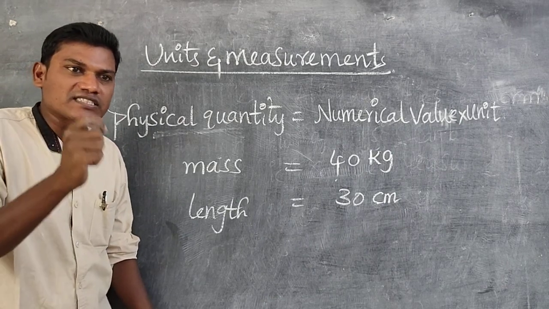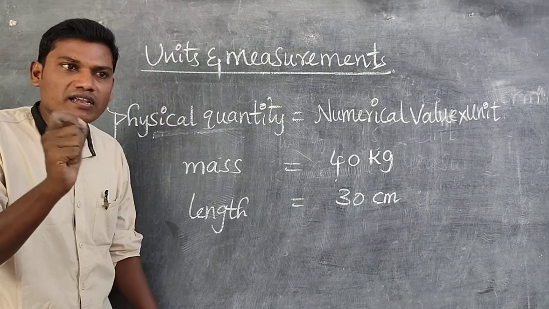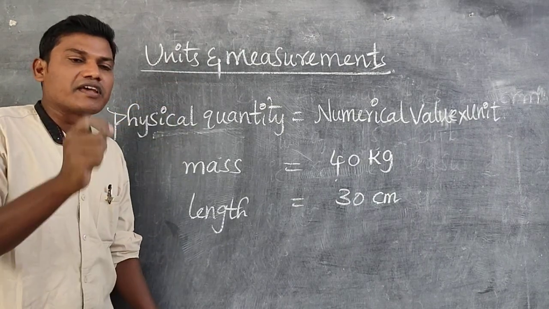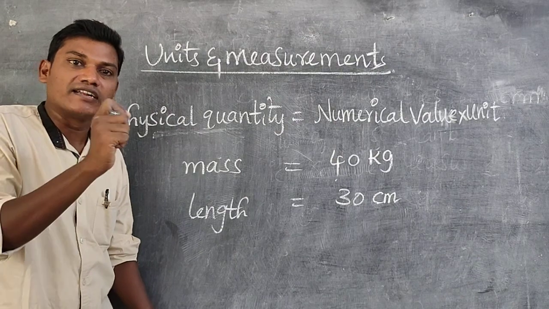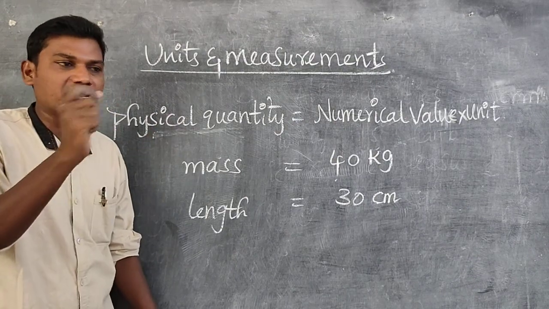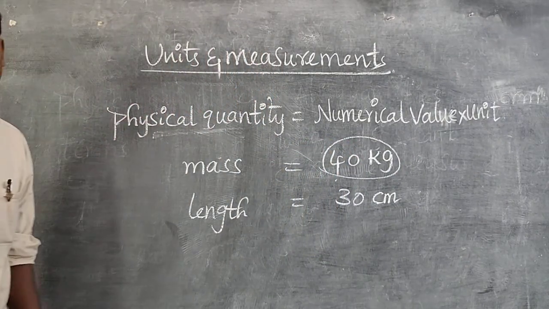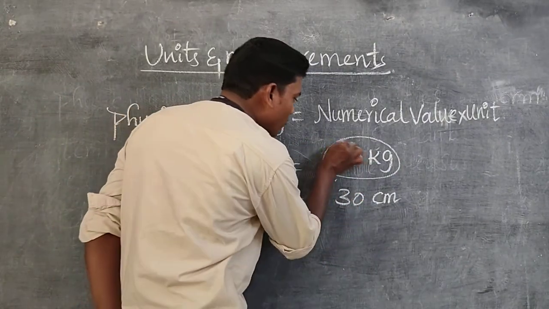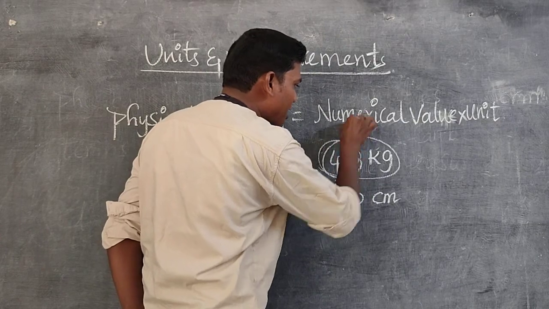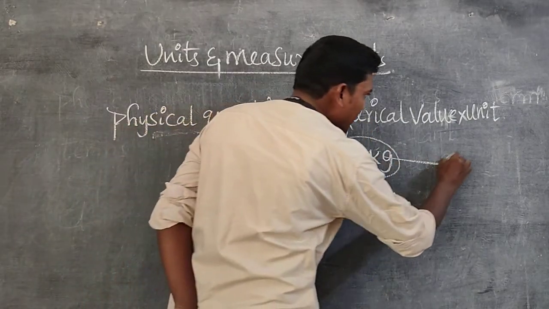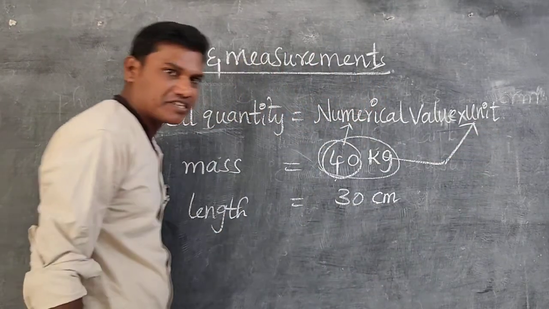But now if I ask any one of the students, what is your mass, that student will stand up and say maybe 30 kg, 40 kg, like this. For example, I will consider 40 kg. Here we observe that 40 represents the numerical value and kg represents the unit.